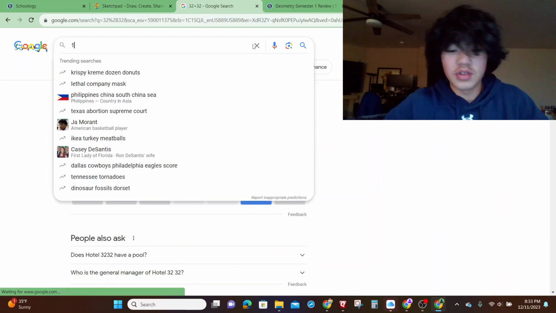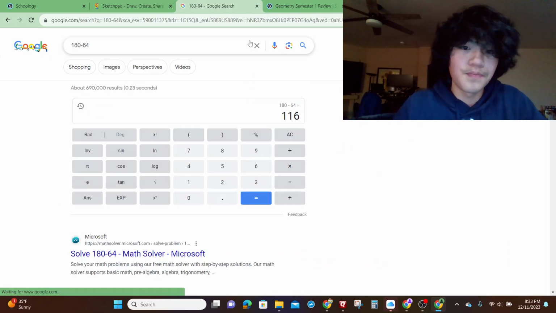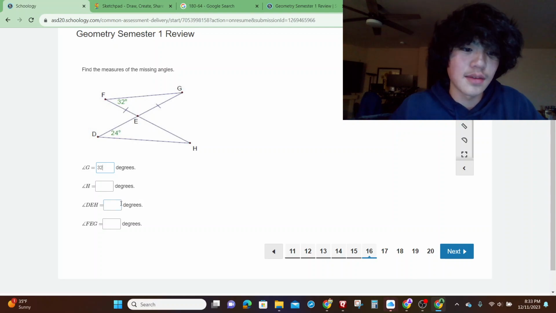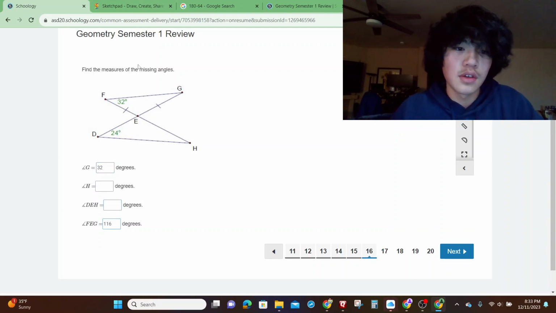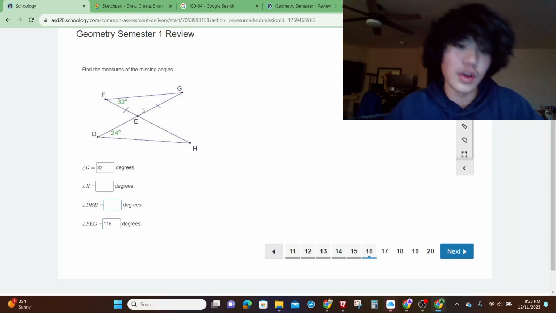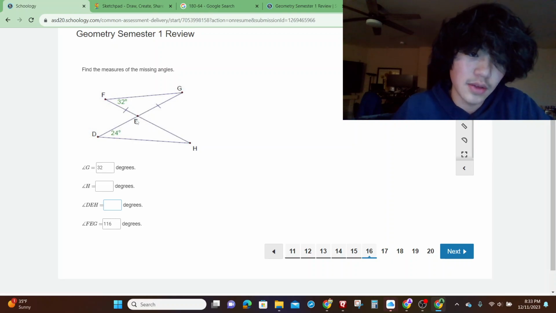Then we do 180 minus 64 to find the missing measure, so E would be 116. We can already plug that in for FEG, 116. And then DEH, since these are vertical angles, is also going to be 116.